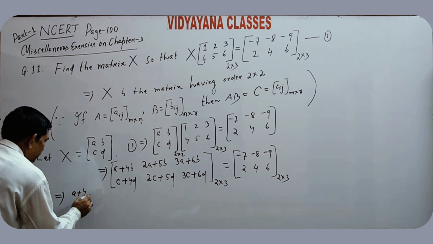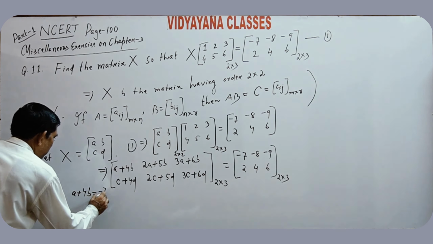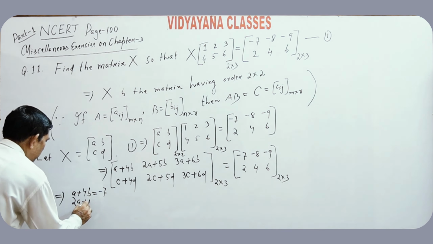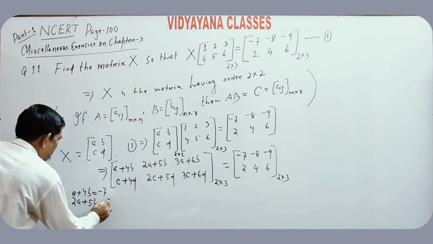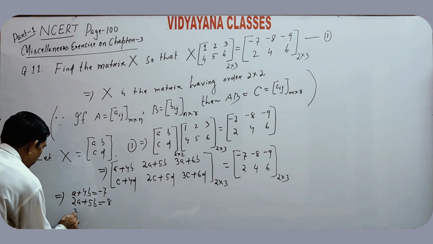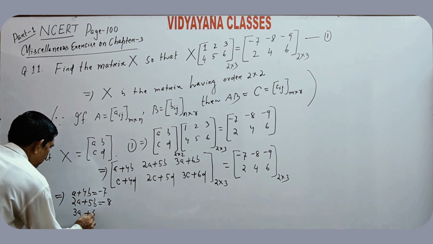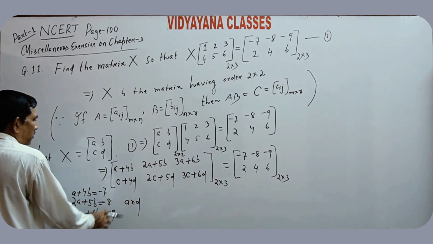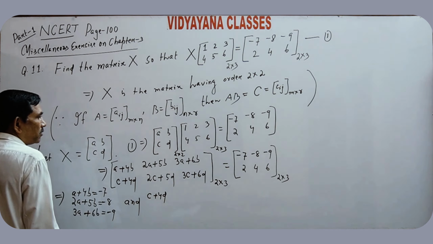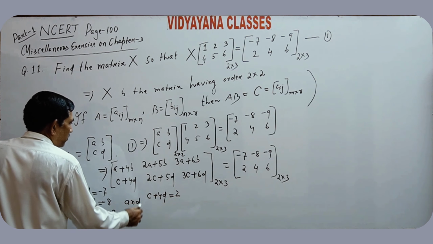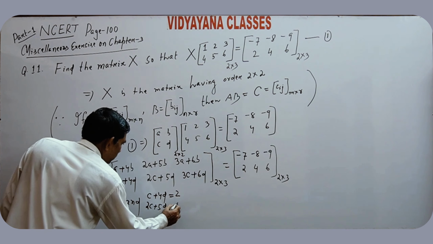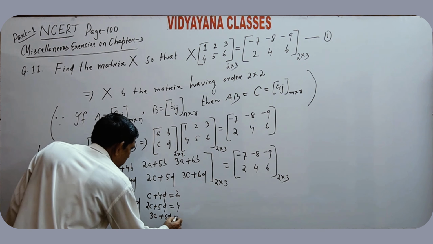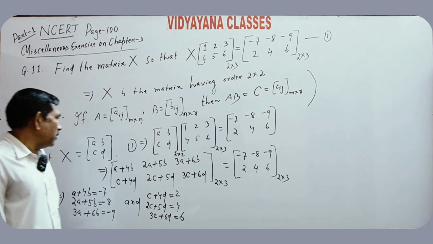So A plus 4B is equal to -7, 2A plus 5B is equal to -8, 3A plus 6B is equal to -9, and C plus 4D is equal to 2, 2C plus 5D is equal to 4, 3C plus 6D is equal to 6.